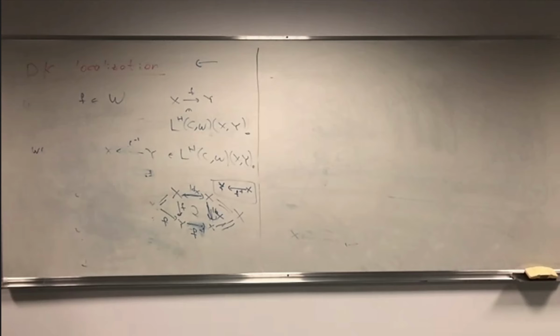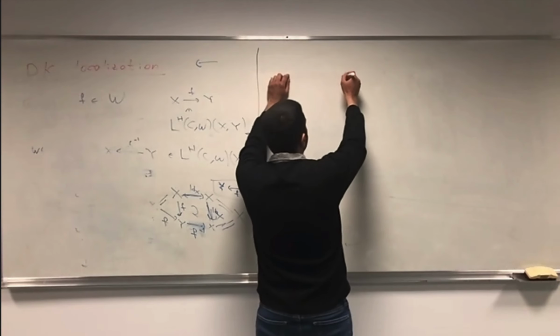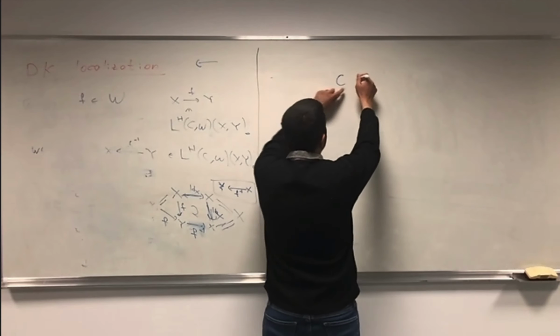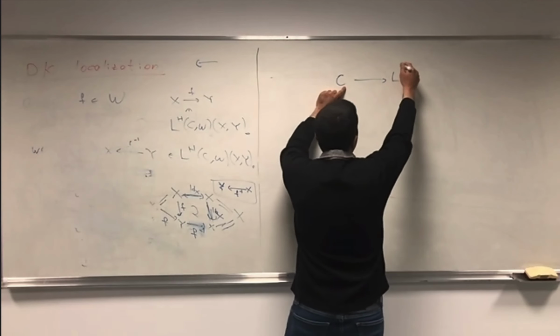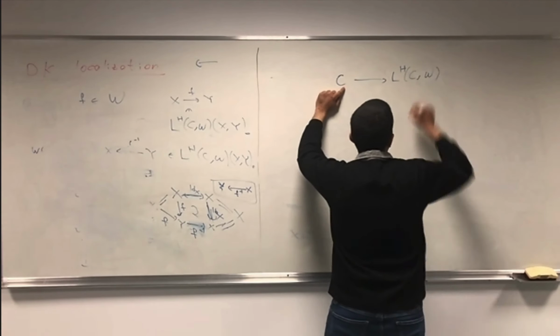Okay, let's move on. What we're showing here is that we have, from C to L^H CW, this functor.